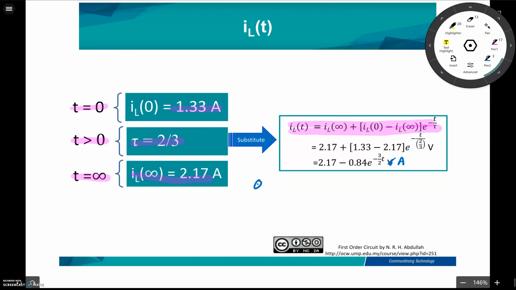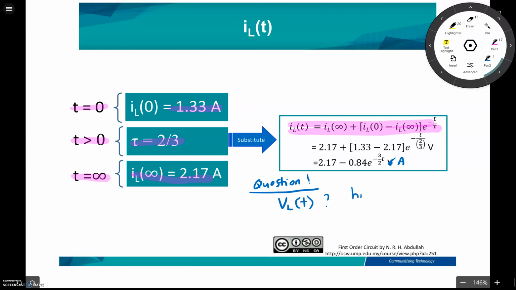Now, the question is, what is the answer if the question asks you for VL? How to determine the VL?